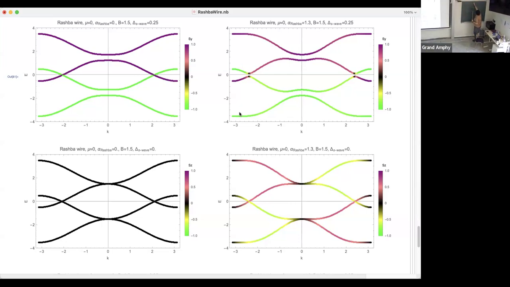Let's talk about Z. So if there's only a magnetic field, let's say it's around the Z, just because I dislike Y, but it doesn't matter. Then the electron is up, but the hole is also up. And the S-wave pairing cannot pair the same spins. So look, let me tilt.